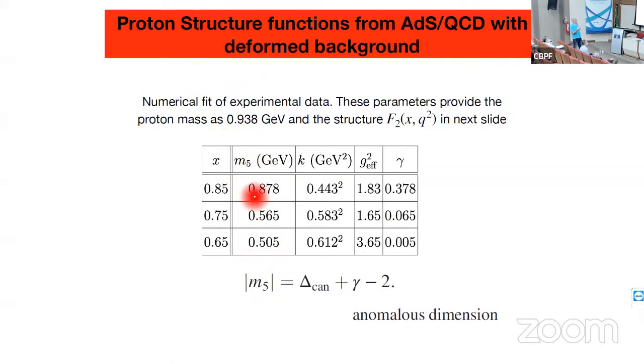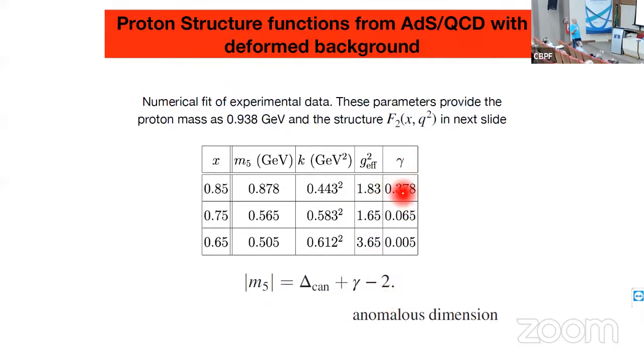For some values of x, which we are going to compare with experimental data, we need to use different values for M5 and different IR scales for the fermions, different couplings, and also different anomalous dimensions.